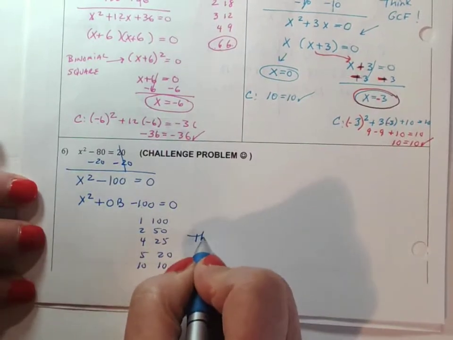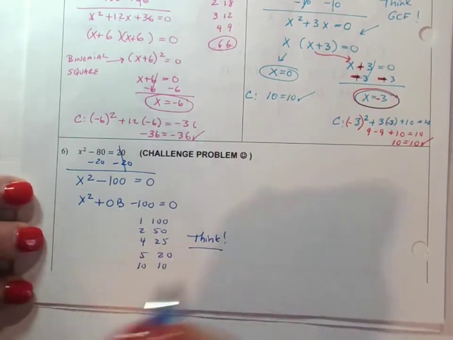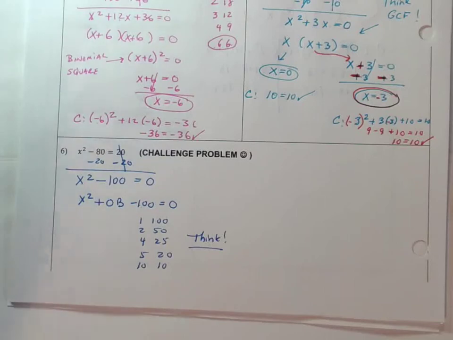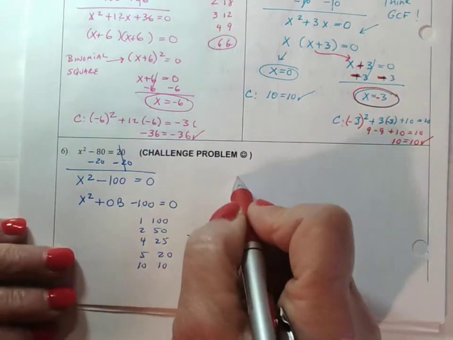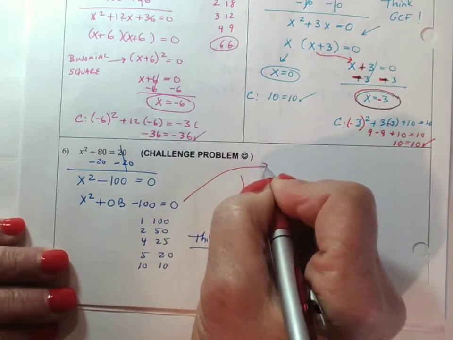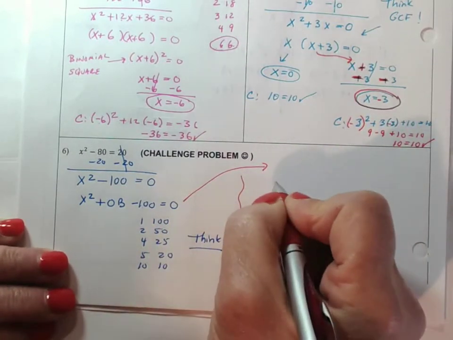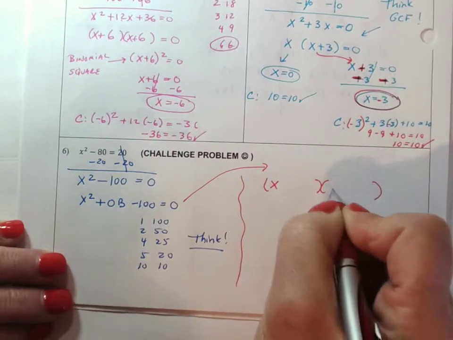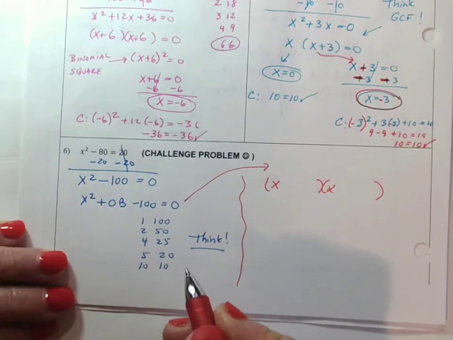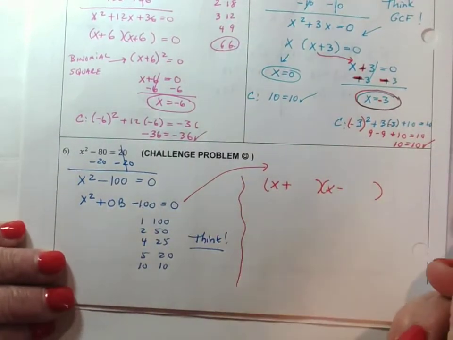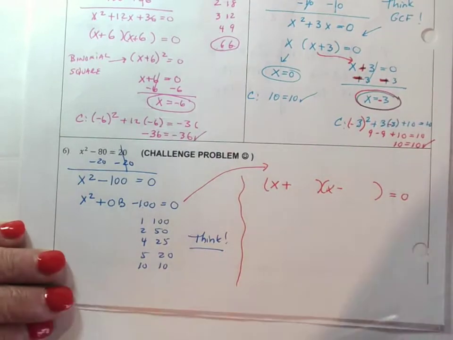So think. I'm going to let you think about that. So when we're factoring this, we are going to have x and x because of the x squared. C is negative, so my signs have to be positive and negative, and we set it equal to 0.